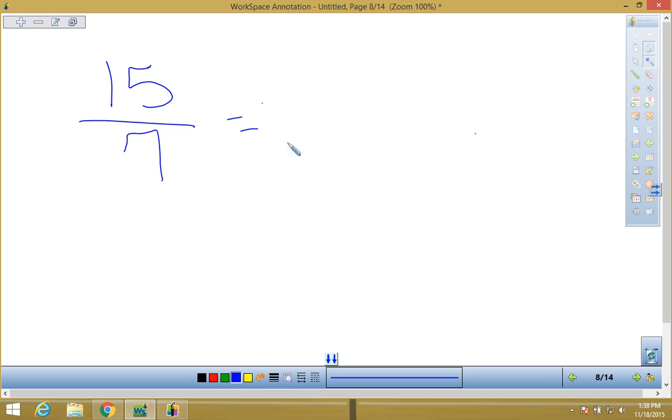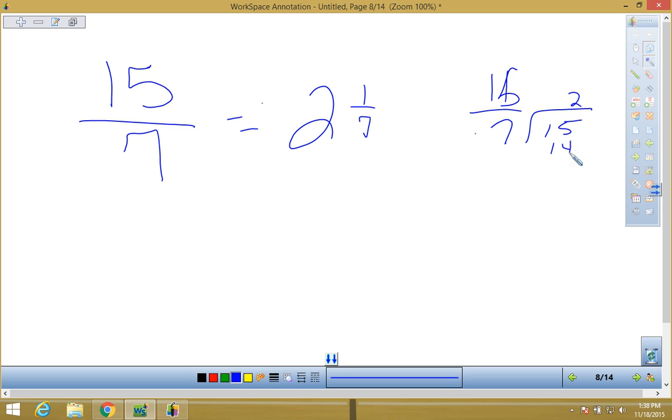And then talk to me about this problem. 2 and 1/7. Okay, so let's look at this one. If we have 15/7, 7 goes into 15 2 times. 2 times 7 is 14. Subtract and get 1, and you have 2 and 1/7. Good. Any questions?